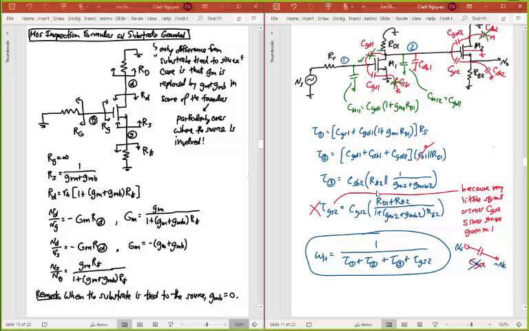In bipolar, you could just say VBE on is 0.7 volts. In MOS, you can't quite say the same thing about VGS on, because bipolar is exponential. MOS is just going as a square law in terms of its current. It's a current response.